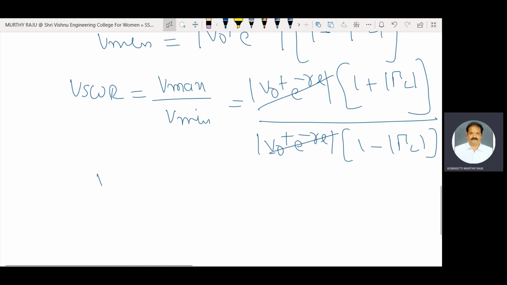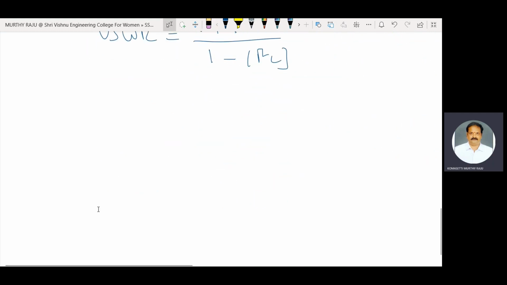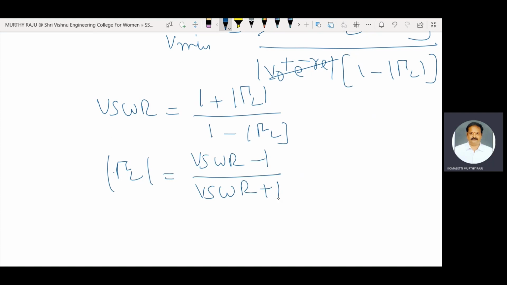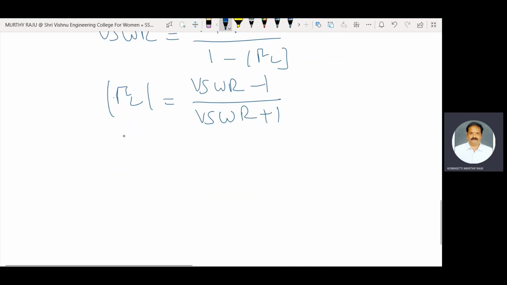For voltage standing wave ratio, VSWR is equal to 1 plus mod tau L by 1 minus mod tau L, where tau L is called the reflection coefficient. Reflection coefficient mod tau L is equal to VSWR minus 1 by VSWR plus 1. One more expression is tau L is equal to ZL minus Z0 by ZL plus Z0.